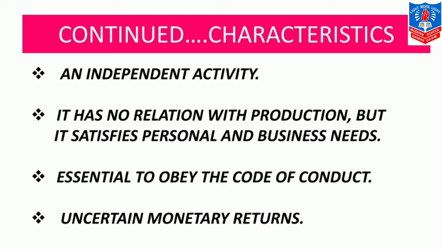For example, a lawyer presents a case in the court on behalf of the client and in turn charges fees. Sixth is, it is essential to obey the code of conduct laid down by the respective professional association. Last one, uncertain monetary returns. Now in profession, the monetary return remains uncertain.